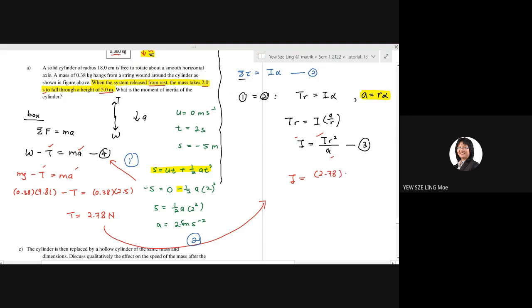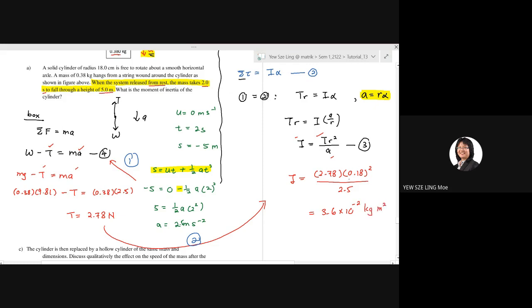The radius of this cylinder is 18 cm, so 0.18 squared, divided by a, which is 2.5. Therefore, the final answer is 3.6 times 10 to the power of negative 2 kg m squared.